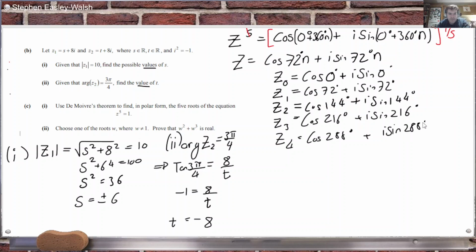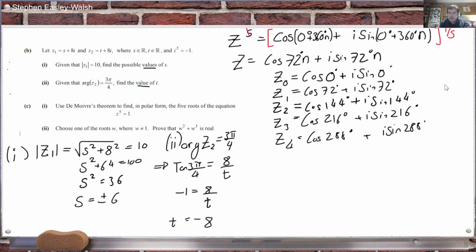Okay. Choose one of the roots, except the first one, and prove that w squared plus w cubed is real. So which would be the nicest one? Can't choose the first one.